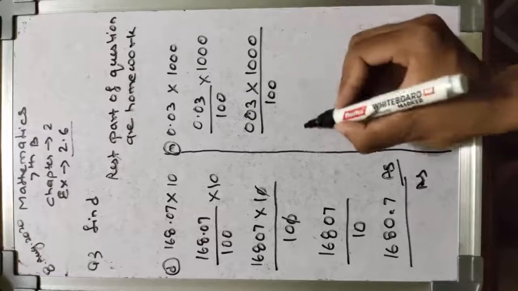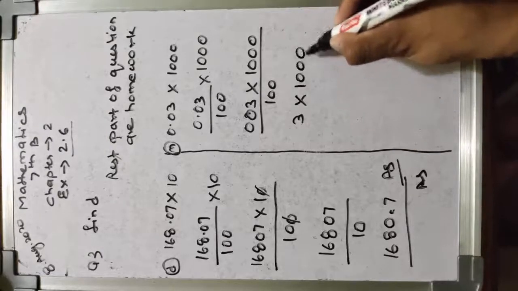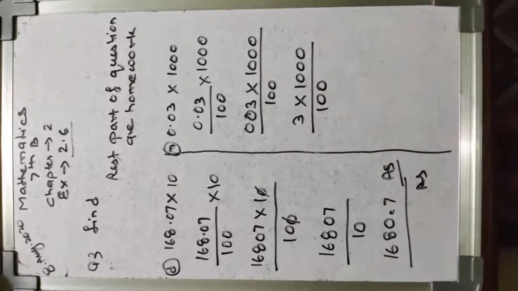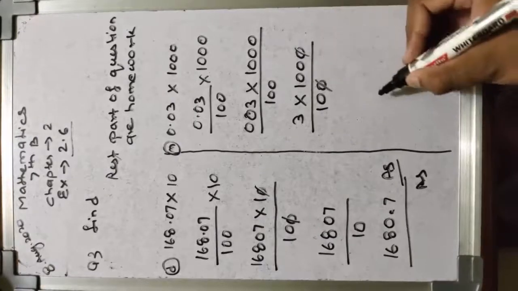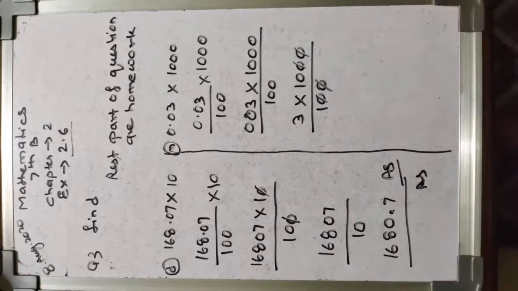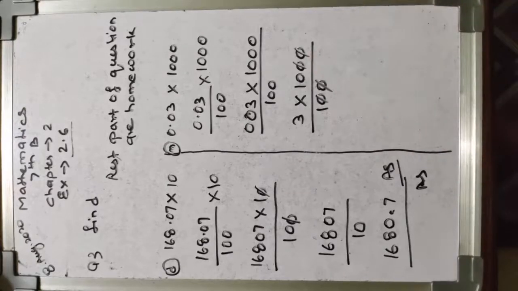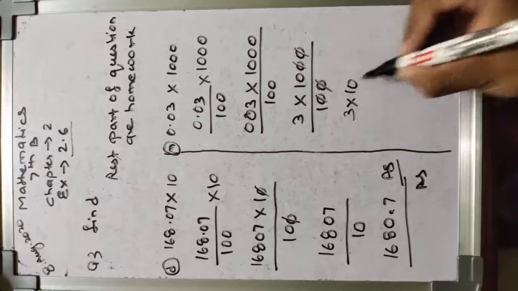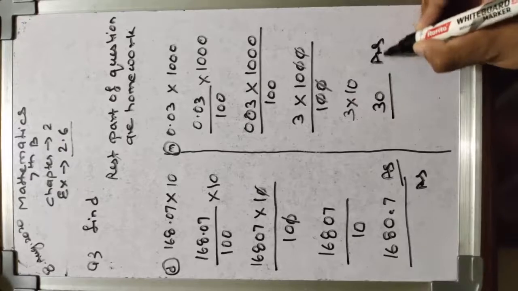Or you can also write this number 3. Why? Because 0 before a number doesn't have any value, so this 0 gets cancelled and then this 0 gets cancelled. 2 zeros from denominator cancelled with 2 zeros in numerator, so it will become 3 into 10 or 30. This is your answer.